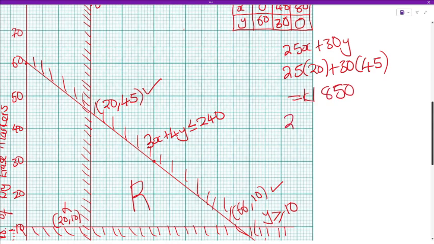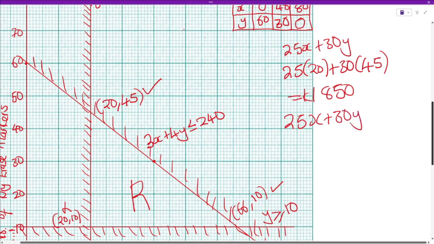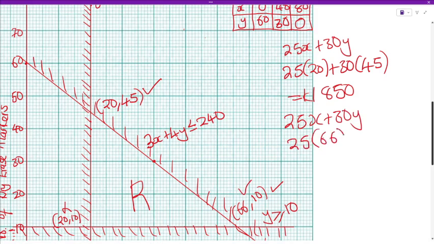Okay, we test the other one: 25x plus 30y. What is x? This one here, 66, plus y is 10. What do you get there? So 25 times 66 plus 30 times 10 gives me 1,950.